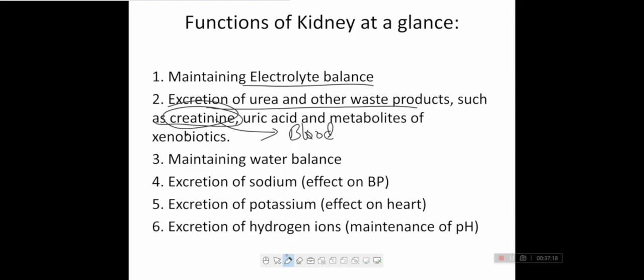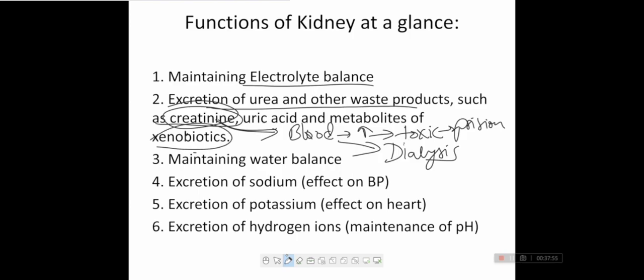If the level of creatinine increases in the blood, it acts as a toxin or poison. So for the removal of this creatinine from the blood, an artificial dialysis process will be performed. Creatinine, uric acid, and metabolites of xenobiotics are waste products.